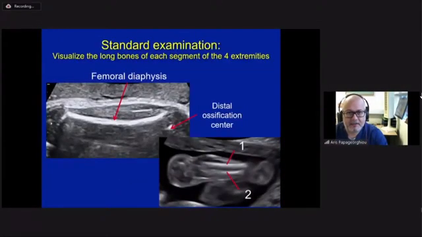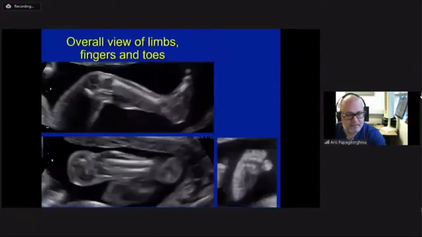Standard examination consists of visualizing the long bones, each segment of the four extremities, and make sure that when you look at the femur, you don't just look at the presence of the femur, but you look at the different elements of it, including the diaphysis, metaphysis, epiphysis, and the distal ossification centers.